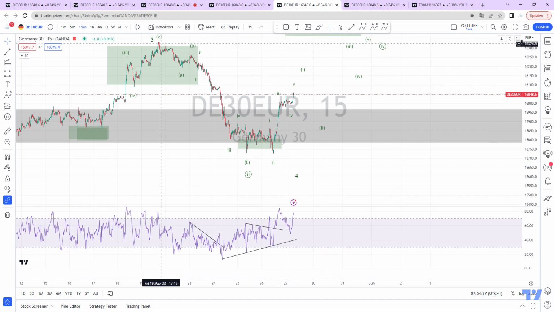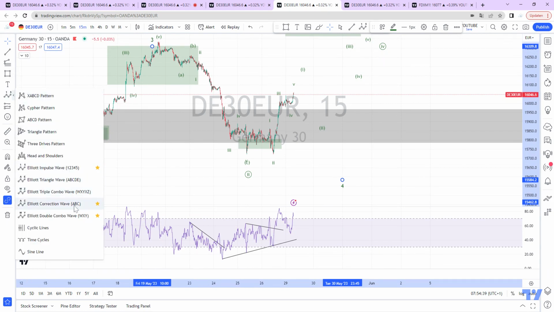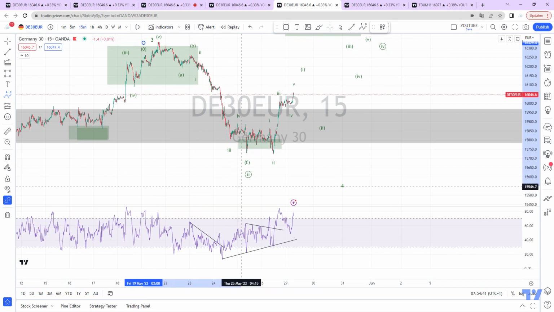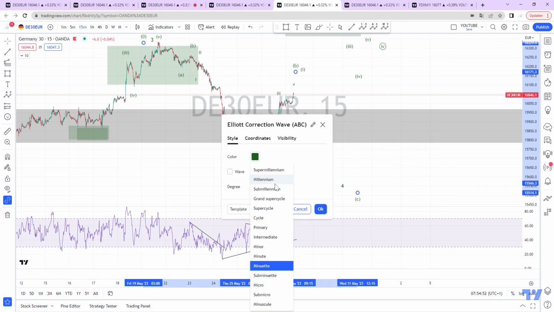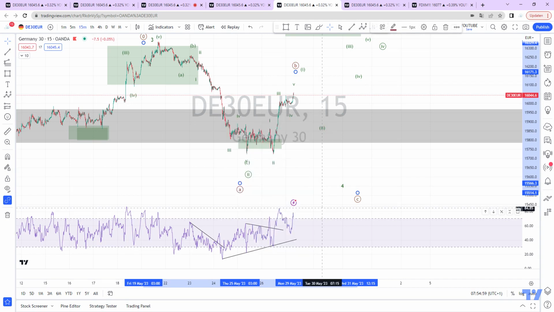It means that if this is our 3, we are doing a 4, and then we need an ABC in a wave 4, and so this is your A. Let me draw it. So then this will be our A. We are now doing a B, and then we need a C. I will put it in another color so you can see clearly.